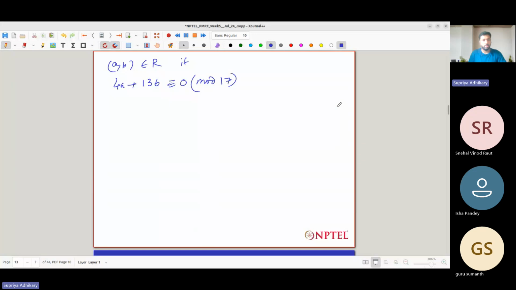Now, what does this mean? That 4A plus 13B is congruent to 0 mod 17 means that if we divide the value 4A plus 13B by 17, the remainder should be 0. This is the meaning of the statement. So we can write it as 4A plus 13B equals 17k for some integer k.